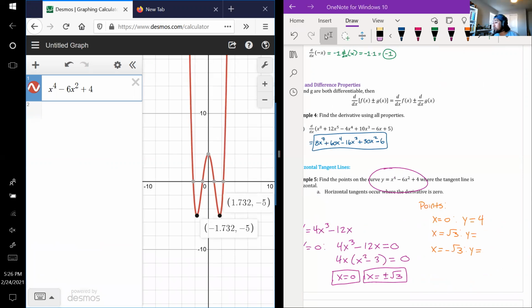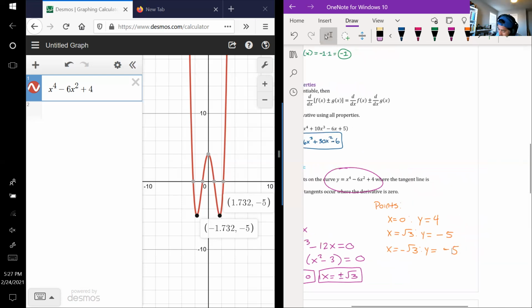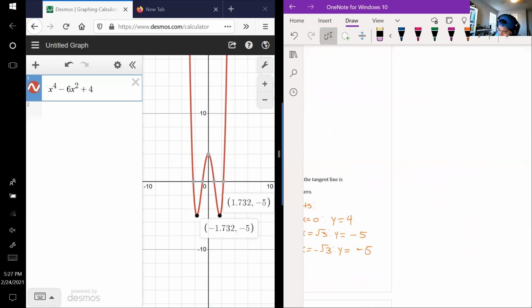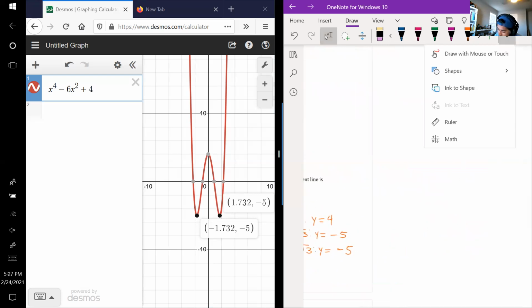So if you typed in the square root of 3 and the negative square root of 3, you should have come out with negative 5. They're both negative 5. So from our graph, you see on the left, at those points, here, I'll put my sketch over here.